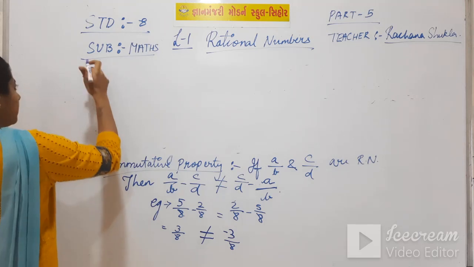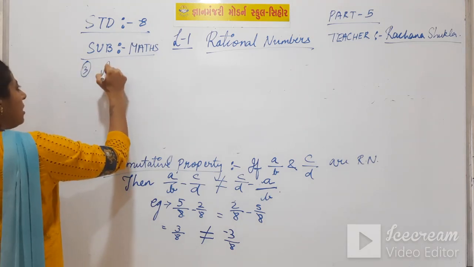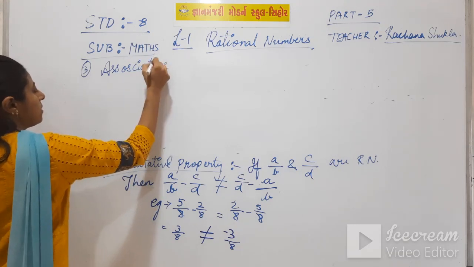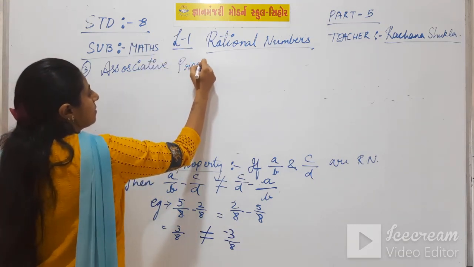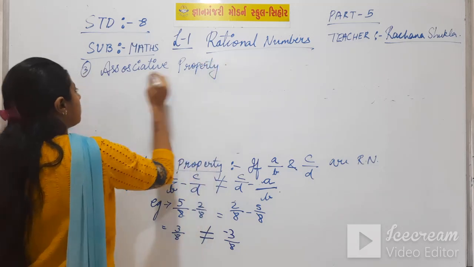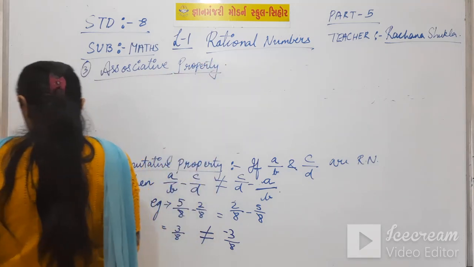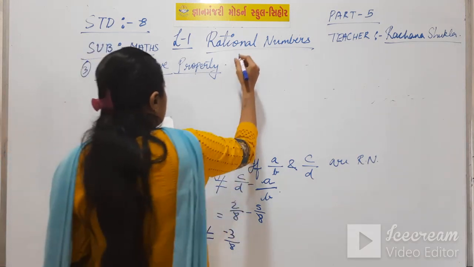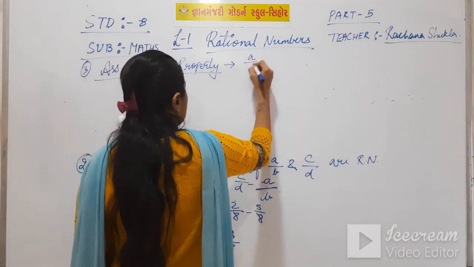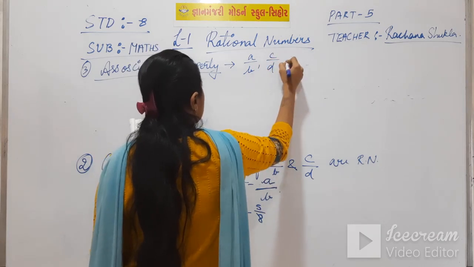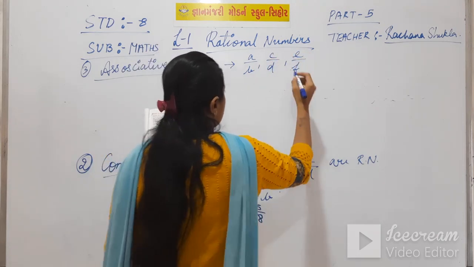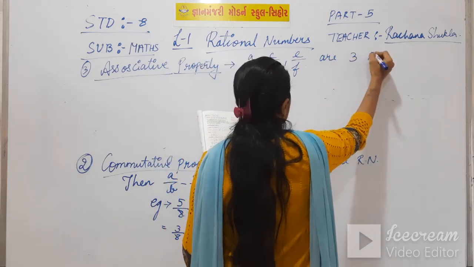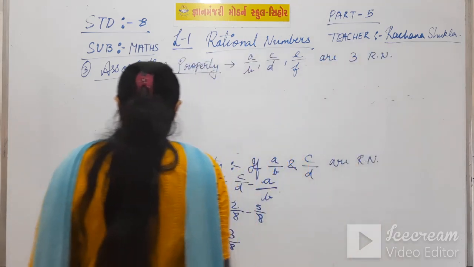Now the third property, associative property. In associative property, three numbers are there: a upon b, c upon d, e upon f, which are three rational numbers.